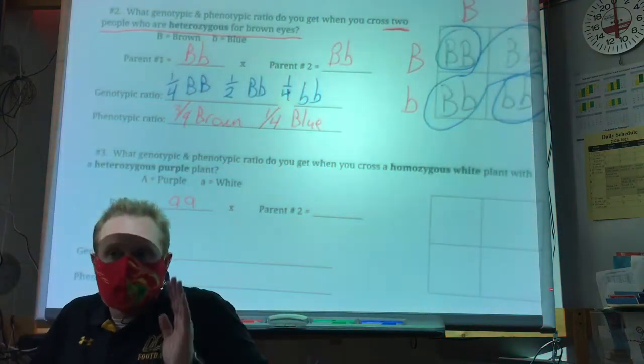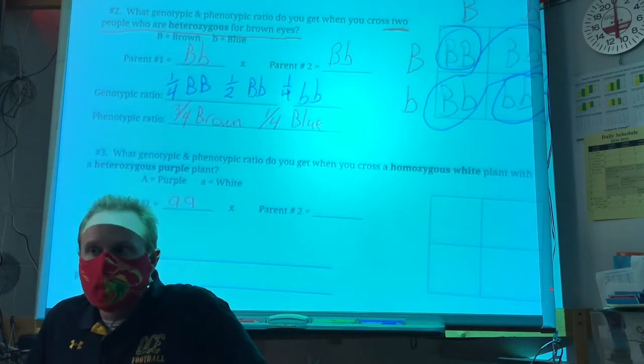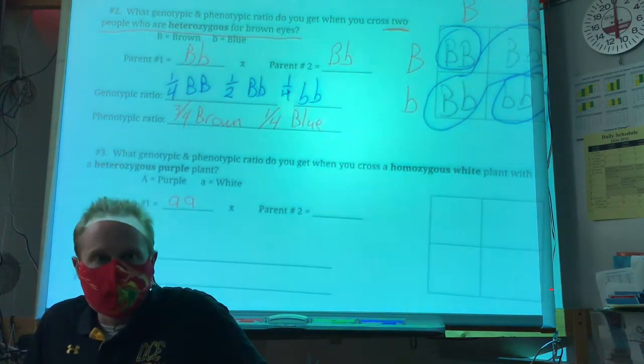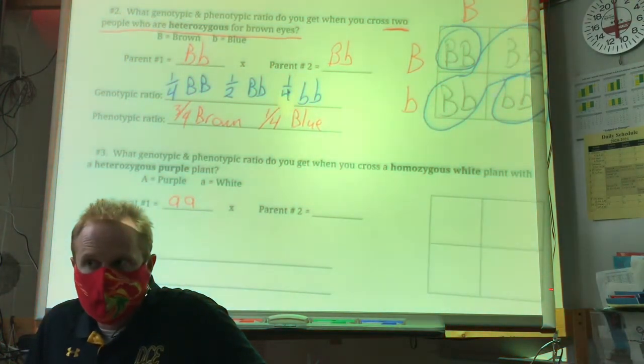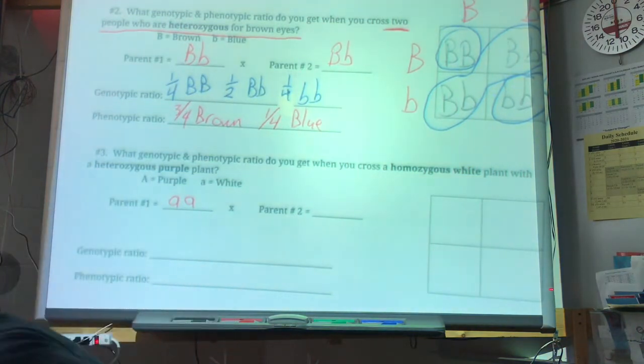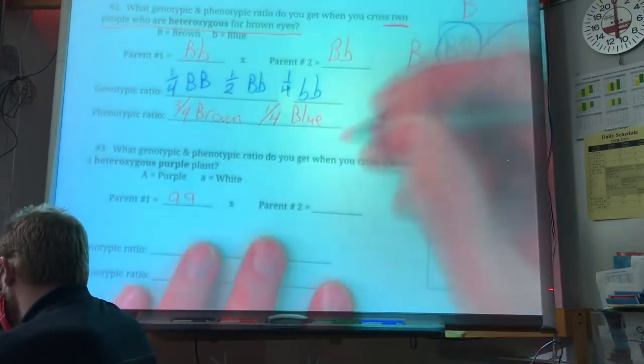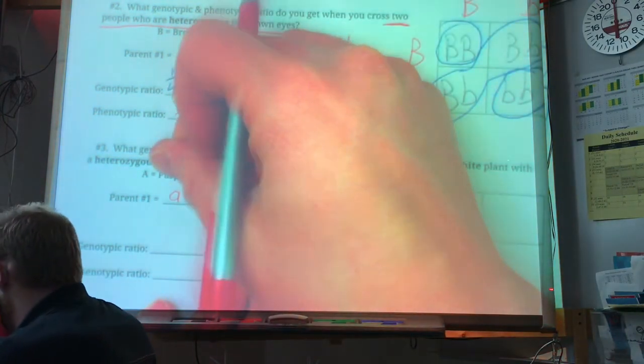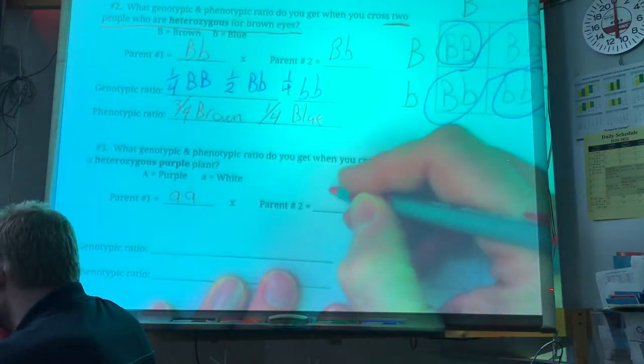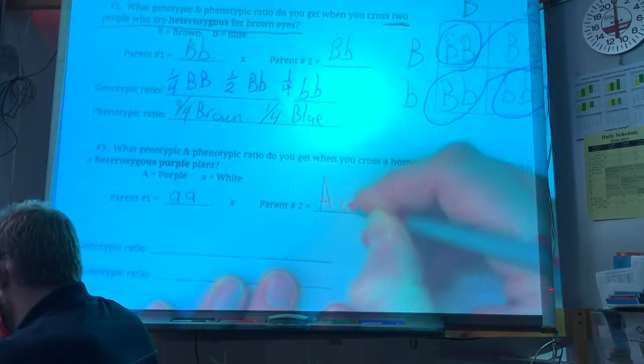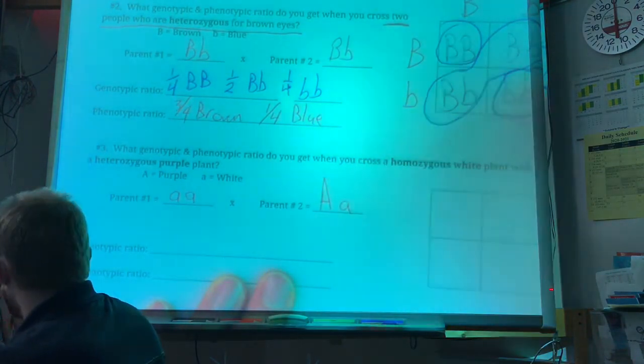If I were just to tell you it's white, the only possible genotype that can be white is little a, little a. Just be aware of that. Heterozygous purple, I don't need the purple, I could have just said heterozygous, but regardless, heterozygous means big A, little a. Now try your Punnett square.